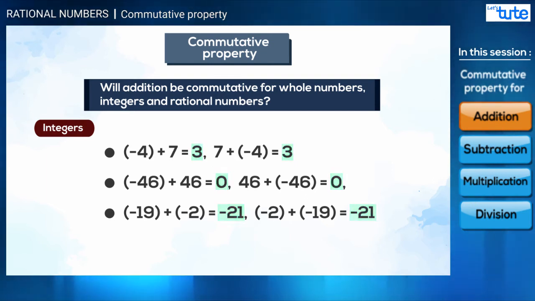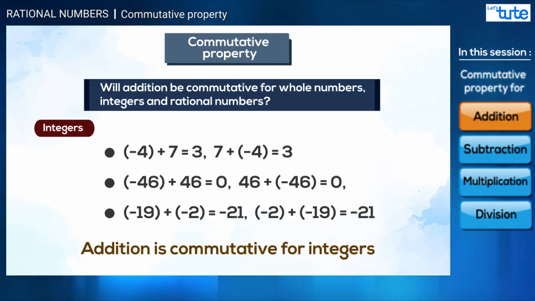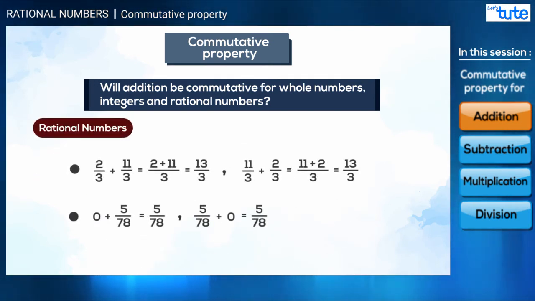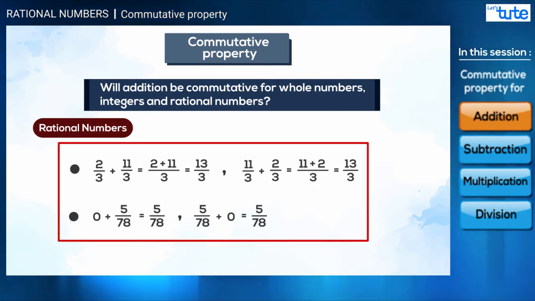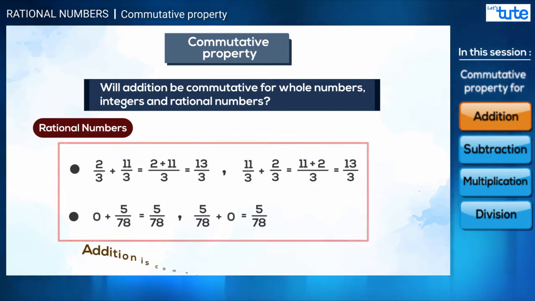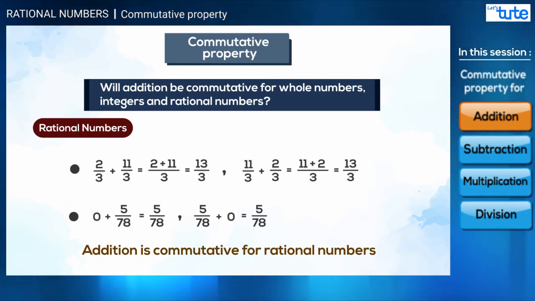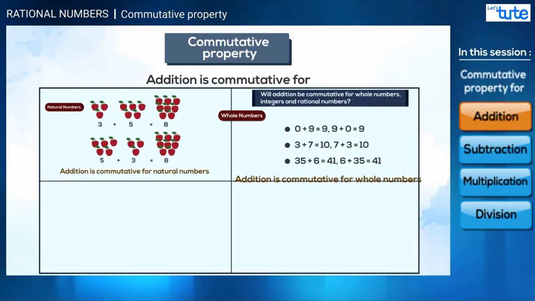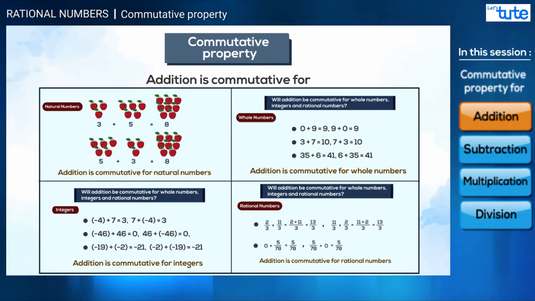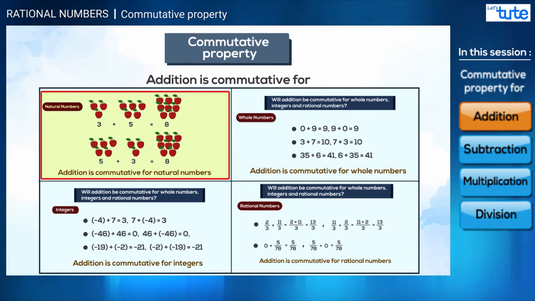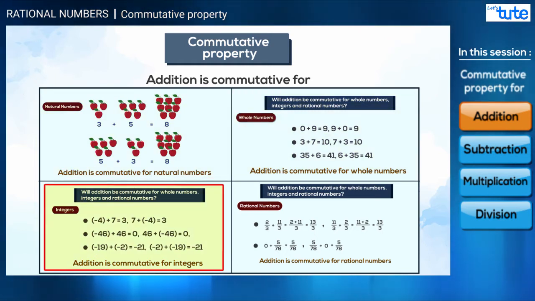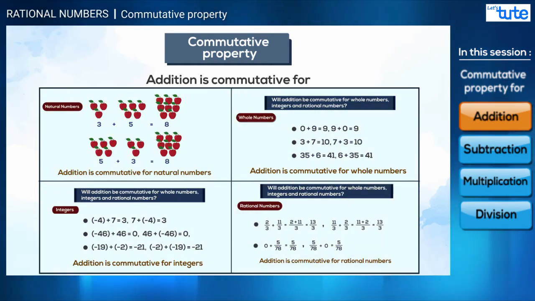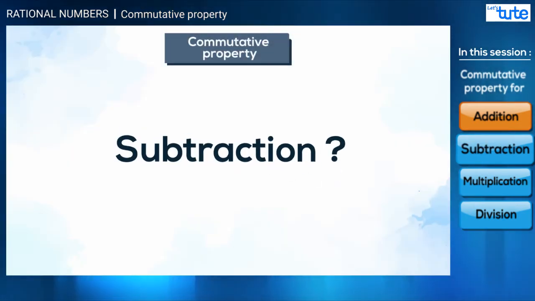Hence we say addition is commutative for integers. Let's now take the sum of the two rational numbers. By looking at these examples, we conclude that addition is commutative for rational numbers. So we have seen that the operation addition is commutative over the 4 types of numbers: natural numbers, whole numbers, integers and rational numbers. What about subtraction?